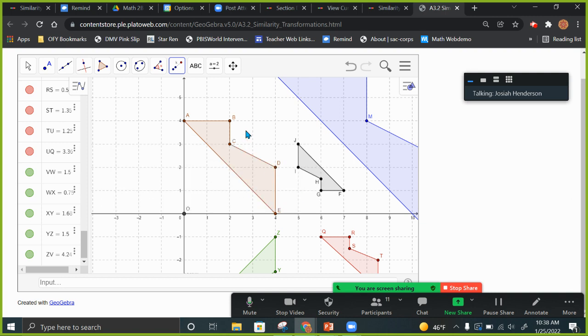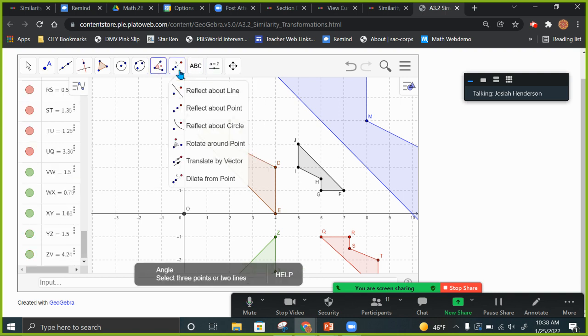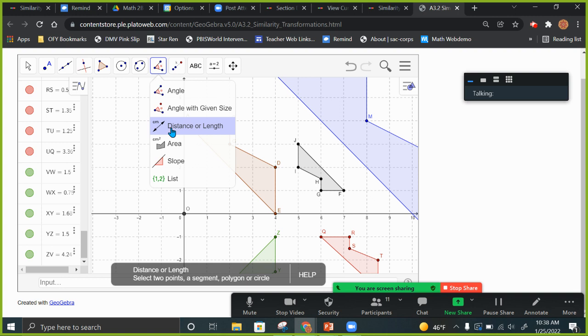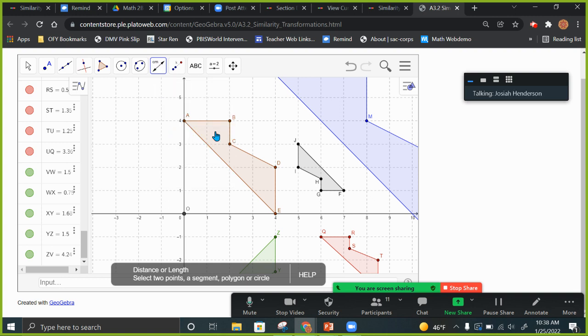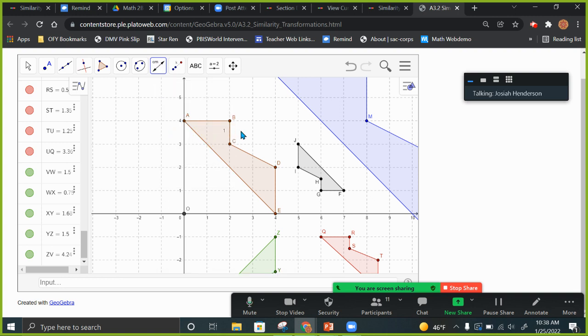So cancel. So let's compare the two smallest sides. Let's measure both of those. Here's our distance and length measuring tool. So click on BC, and then let's click on GH. Okay, and that's measuring something else.